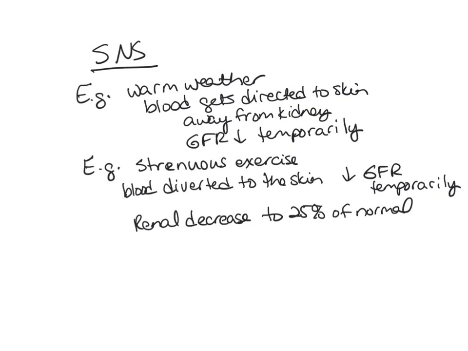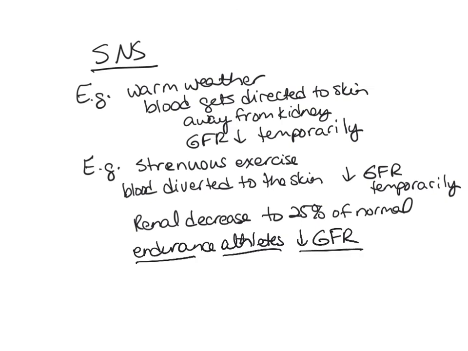So this can be a problem for endurance athletes. In endurance athletes, of course, they're going to have this decreased glomerular filtration rate, but because they're endurance athletes, they're going for longer periods of time.